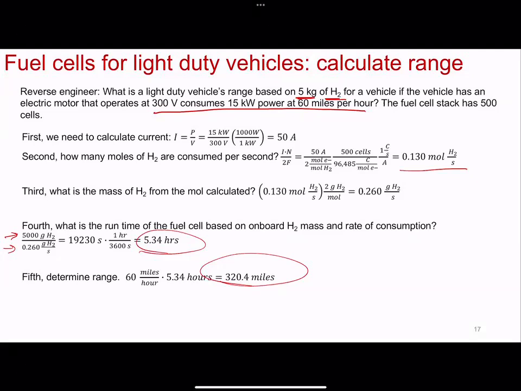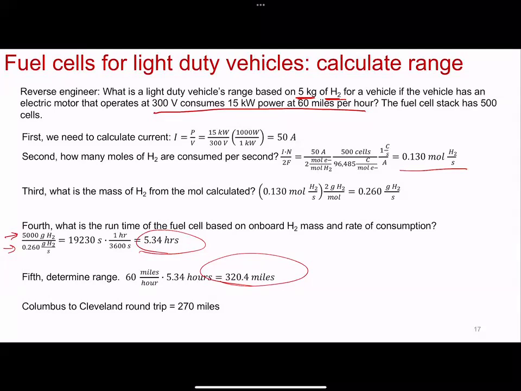That's actually about the range of a gasoline-fueled sedan. So a few lectures ago, we said we couldn't make it to Cleveland. Now we can make it to Cleveland and back if we had 5 kilograms of hydrogen in our fuel cell vehicle. Okay, so before I move on, yes, Dagny.